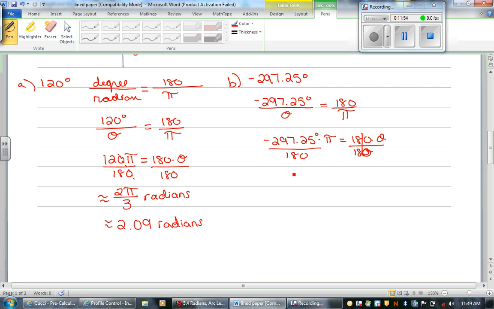When we put that into our calculator, we put it in just the way we see it, and we get negative 5.19 radians. You'll see radians written in terms of pi, like the one over here. You'll also see it written as a decimal, so you do have to be comfortable with both notations.